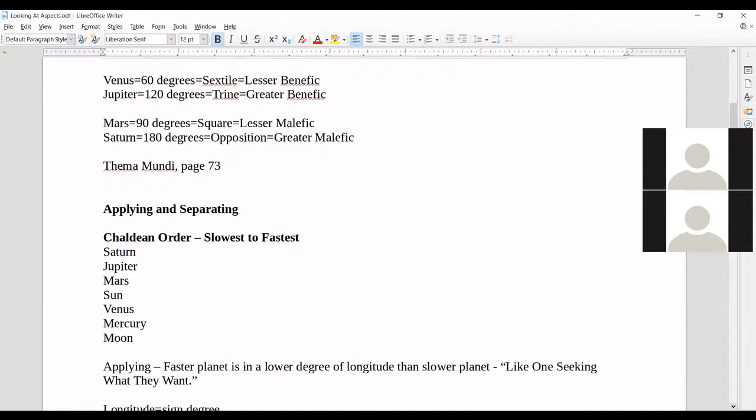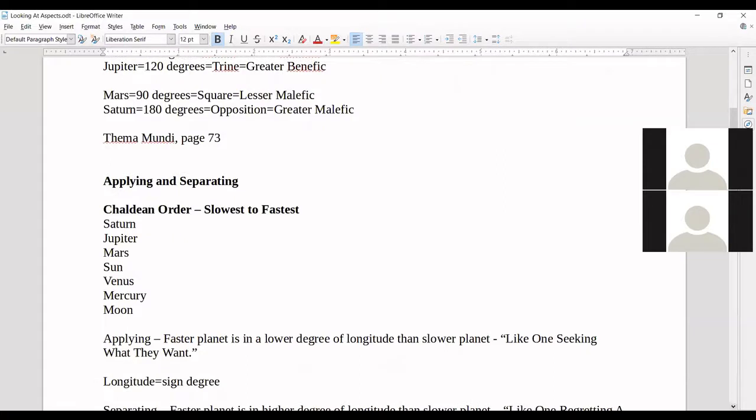So what I want you to do right now is look at your own chart and look at the moon. The moon is the fastest planet in the chart. First of all, let me give you one little piece of information, and then you'll do this. Look at what this says. It says applying: the faster planet is in a lower degree of longitude than the slower planet, with longitude meaning a sign degree.